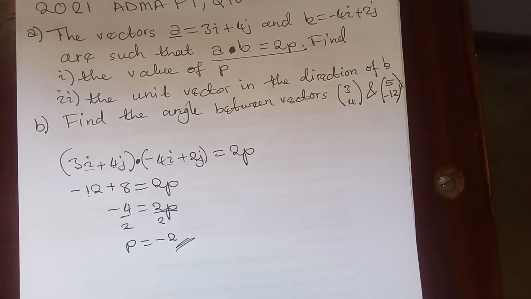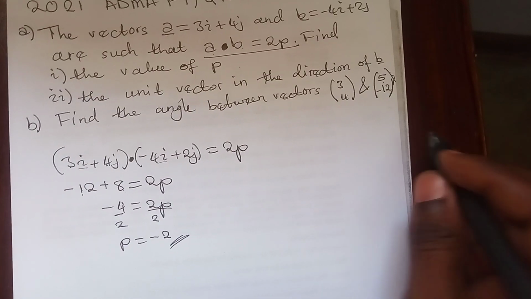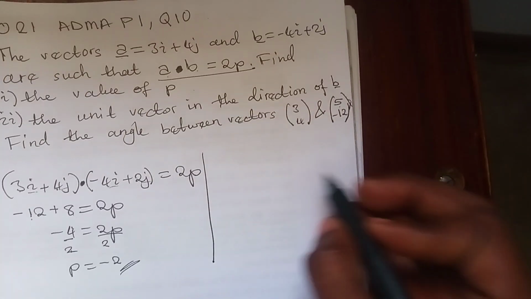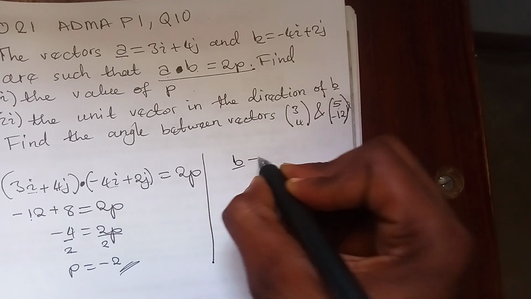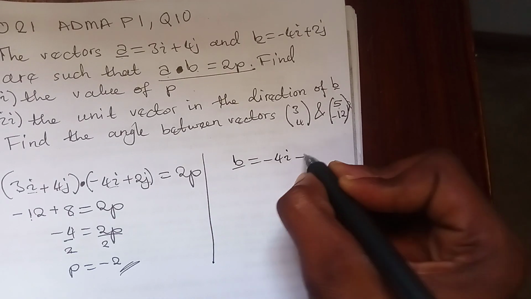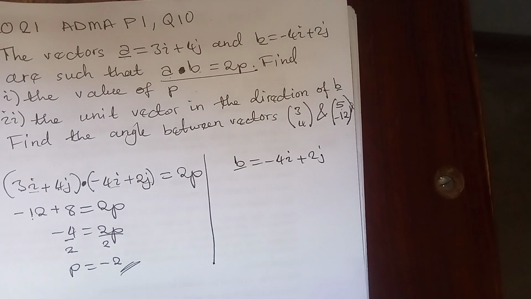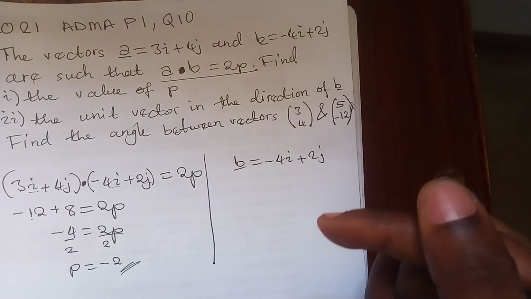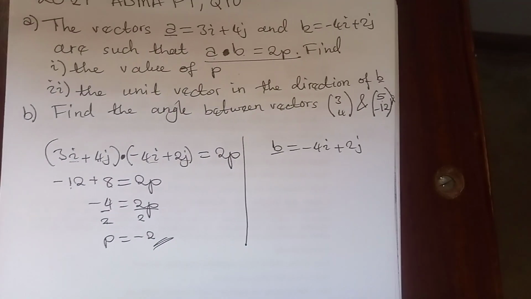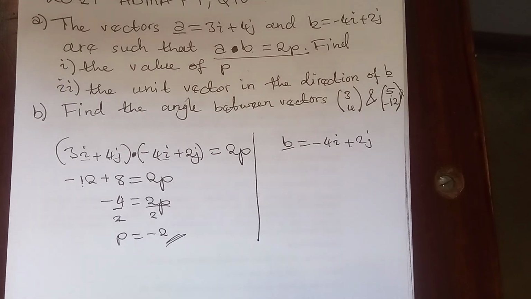And then the unit vector: find the unit vector in the direction of B. So B is minus 4i plus 2j. To find the unit vector in the given direction, all you need is that direction divided by its magnitude.